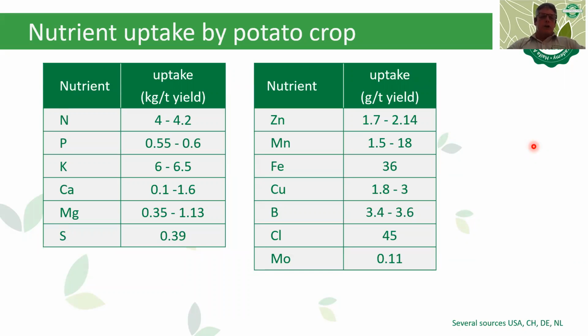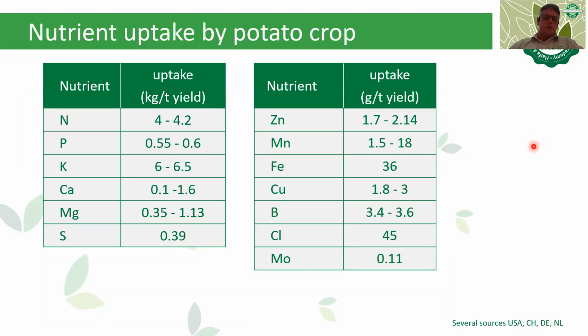All right, so if we look at an uptake per ton, again, there's lots of work done all around the world, but the general rule of thumb is that you need 4 to 4.2 kilograms per ton of yield of nitrogen. You need 550 to 600 grams of phosphate per ton. You need 6 to 6.5 kilograms of potassium per ton.